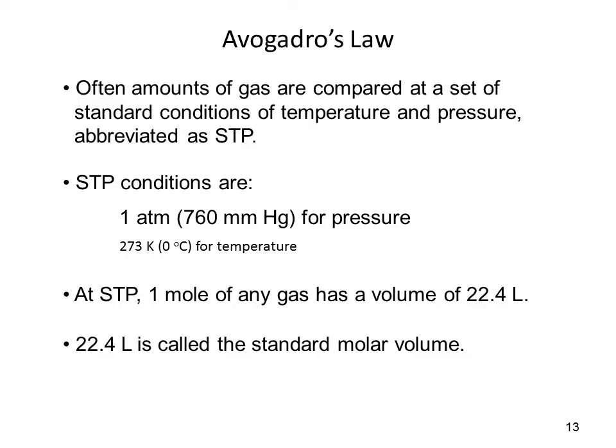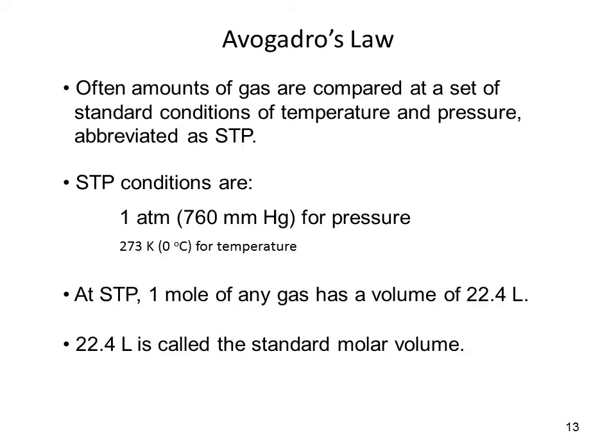Avogadro's law is often used to give us what we call a standard molar volume. At standard temperature and pressure, which is considered to be 1 atmosphere and 0 degrees Celsius, or we can say 760 millimeters of mercury, that's the same thing as 1 atmosphere, or 273 Kelvin, which is the same thing as 0 degrees Celsius.